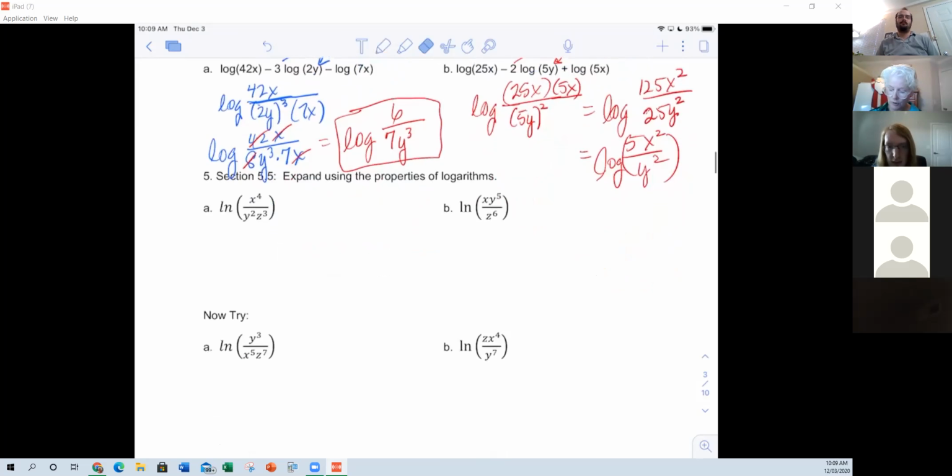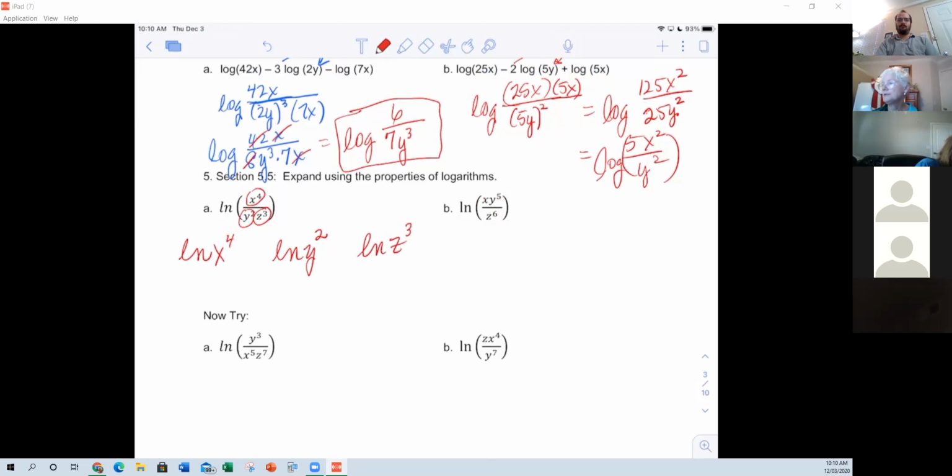Okay, so when we're going the other way, we're stretching it out as far as it will go. And for every variable, you're going to have an ln with it. So I'm going to have an ln on the x to the 4th, an ln on the y squared, and an ln on the z to the 3rd.